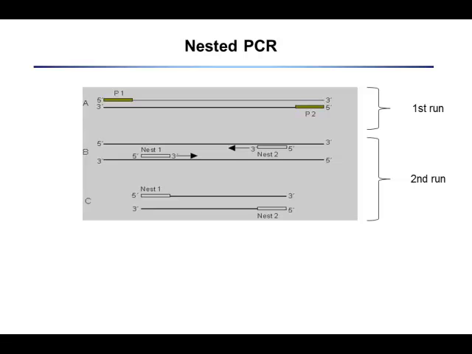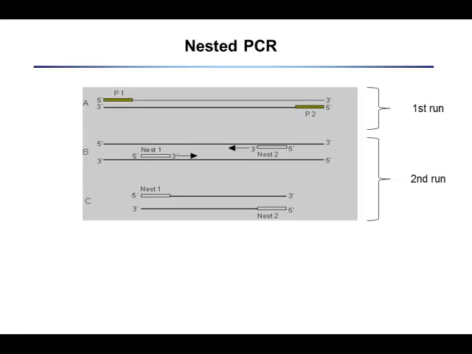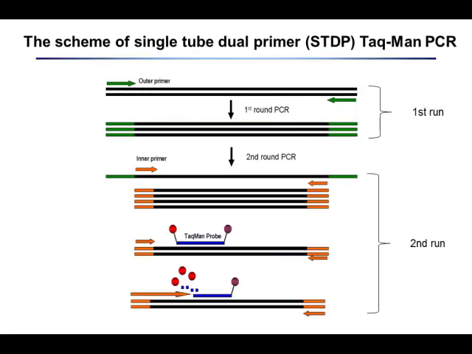Also, this process is likely to cause contamination because you are working with amplified products, and re-amplifying takes double the time and cost. So we designed a process analogous to nested PCR, but we put all the reaction in one single tube, in a one-step PCR reaction.